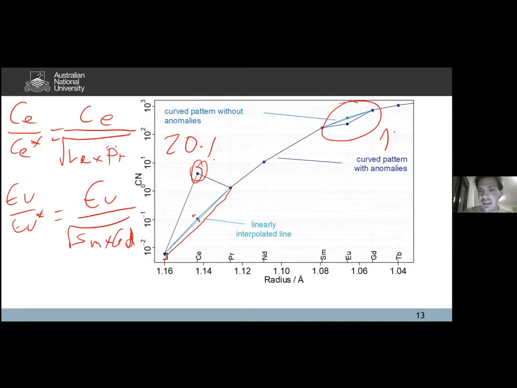So we're underestimating our europium anomaly by 10%, which again is quite a lot. And if you use that to calculate things like oxygen fugacity or something, all of this, that's a systematic error, which is also not independent because again, it depends on the curvature. That just propagates through your calculations and it gives you the wrong answer eventually.